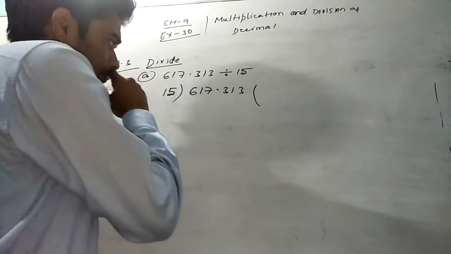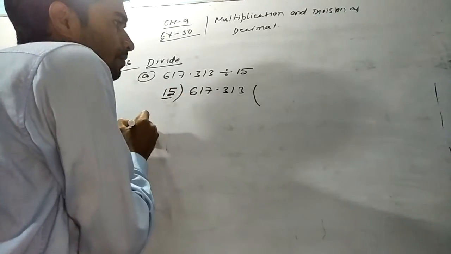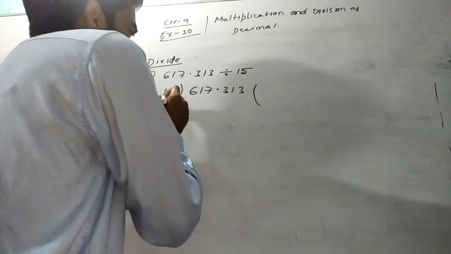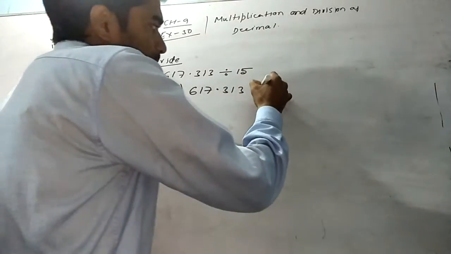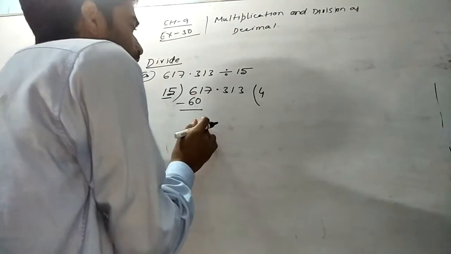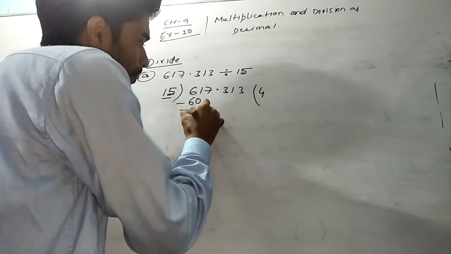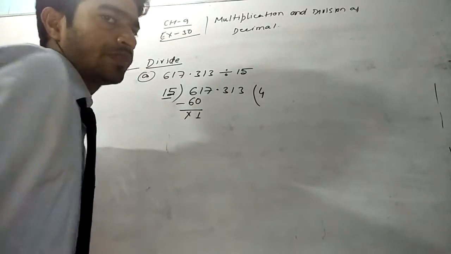So students, read the table of 15. 15 fours are 60. Subtract 0 from 1, so this is 1 and this is 0.